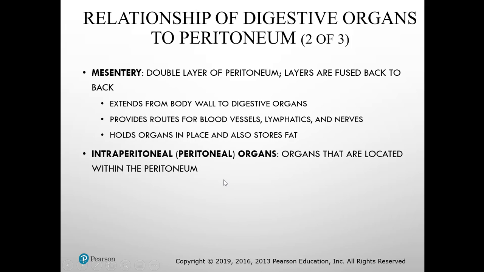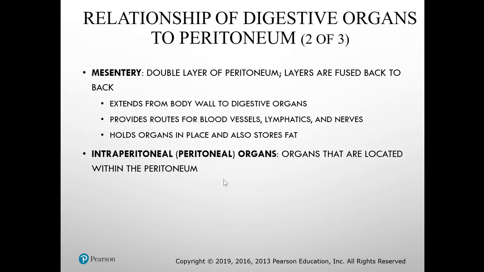The intraperitoneal organs are the organs that are located inside the peritoneum. All of our organs are within the abdominal cavity, but some of them are actually within the realms of the peritoneum.